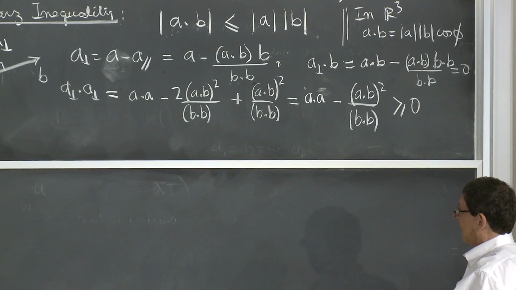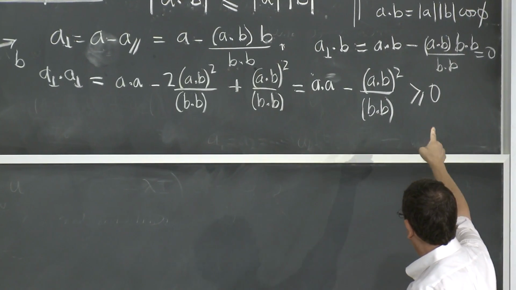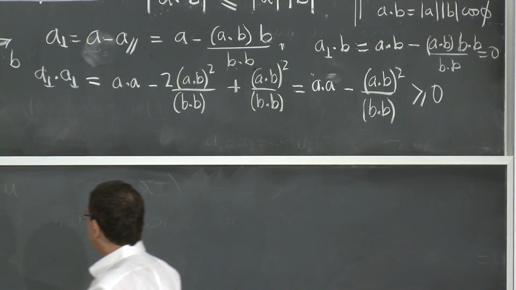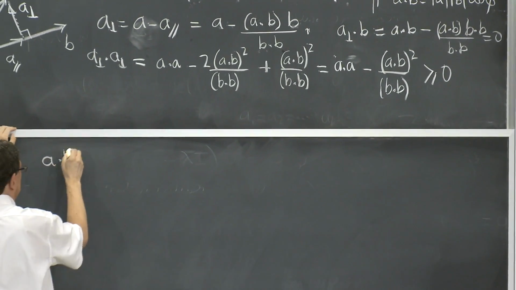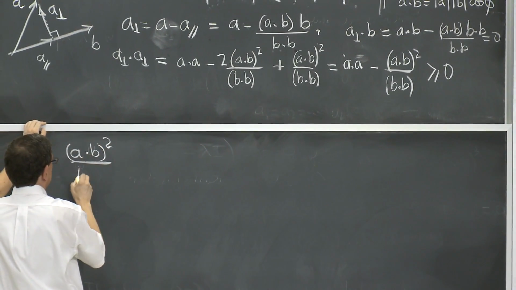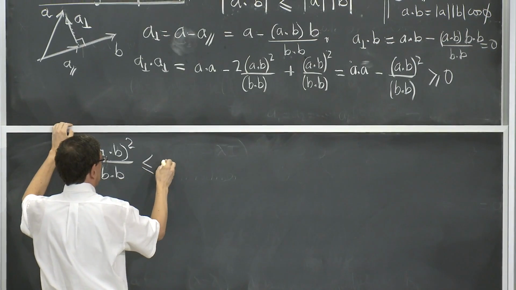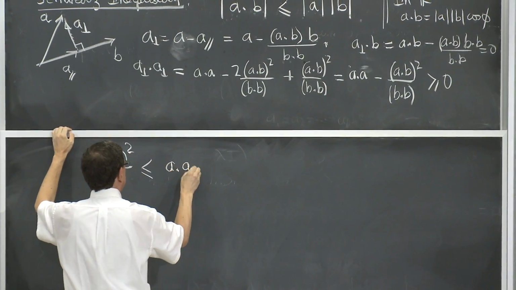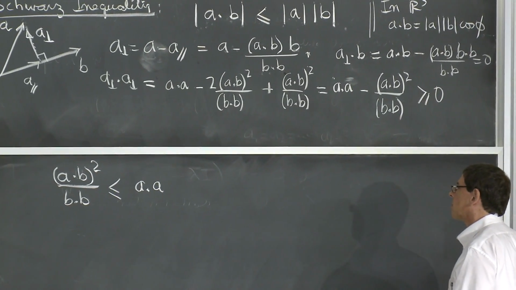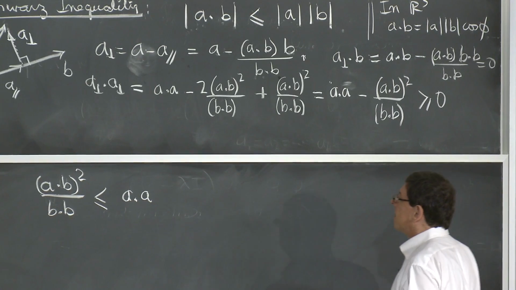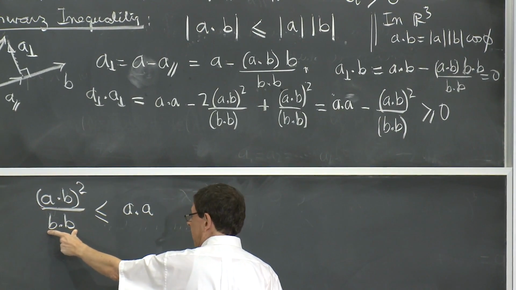So basically, we're really done. Let's move the second term to the right-hand side and flip the equation. So you would have A dot B squared over B dot B is less than or equal to A dot A. B dot B is a positive number.